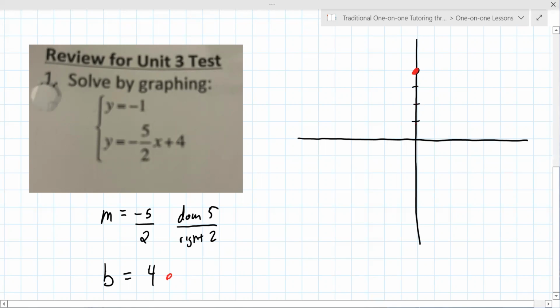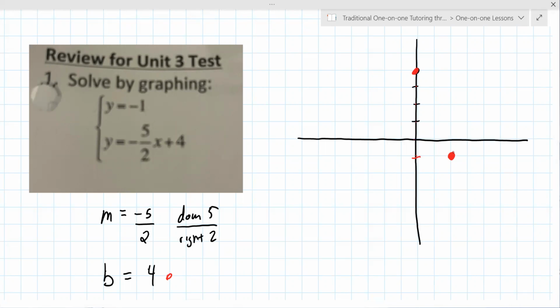So down 1, 2, 3, 4, 5, and then right 2. Is that all right? Yes. Now you only need 2 points for a line, so you could graph more, but that's all that's needed.